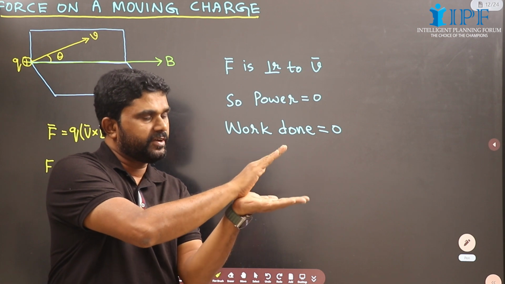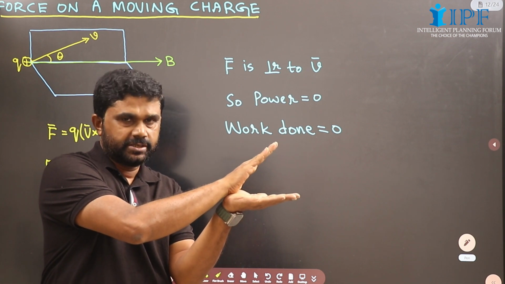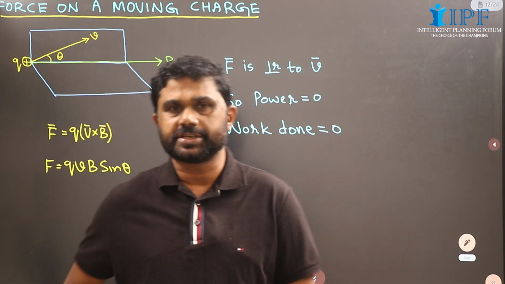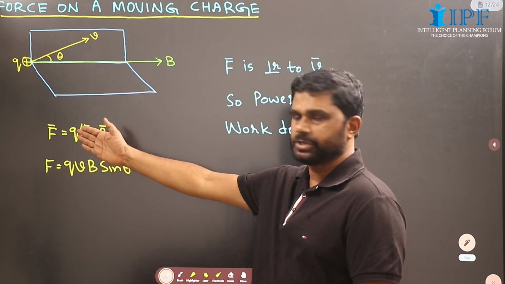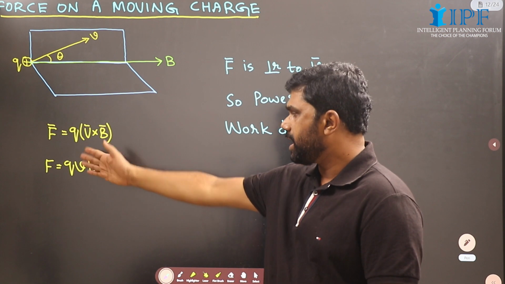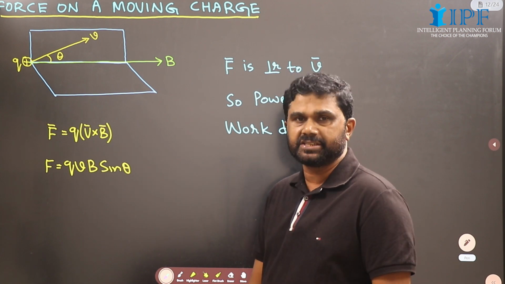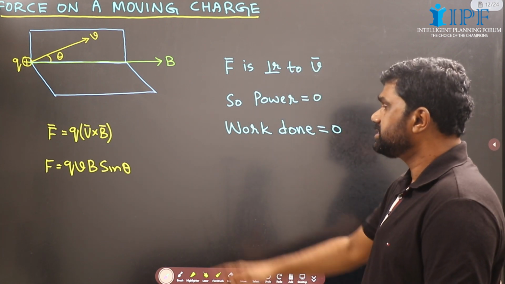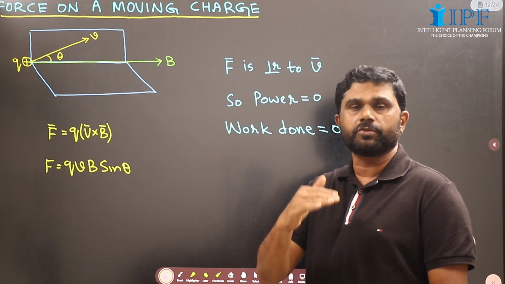This one is the magnetic field along the horizontal and this is the velocity. The angle between these two vectors is theta. Then the force is given by F equal to Q v cross B, and in magnitude F equal to Q v B sin theta. And see, this force will be perpendicular to velocity.